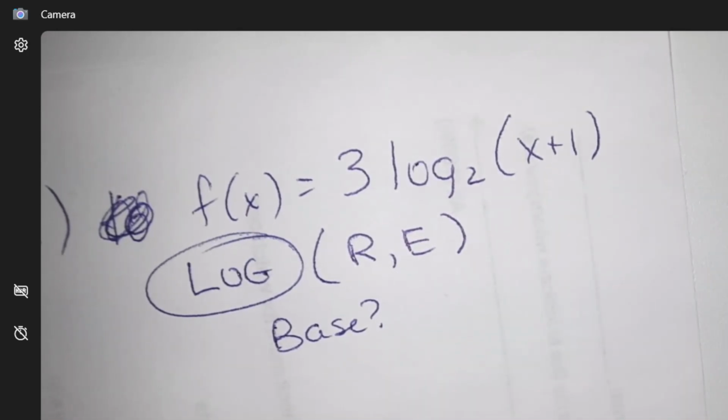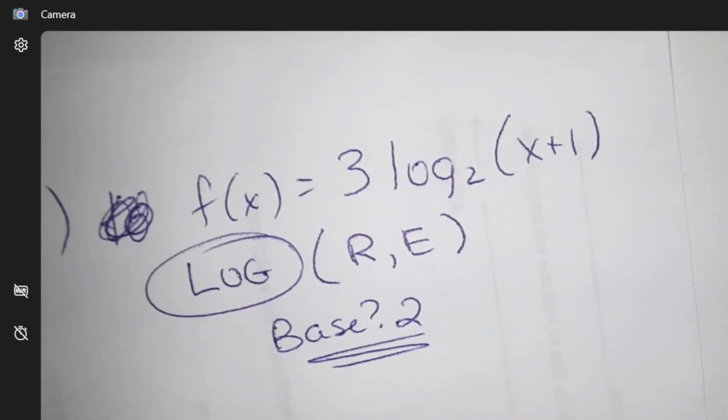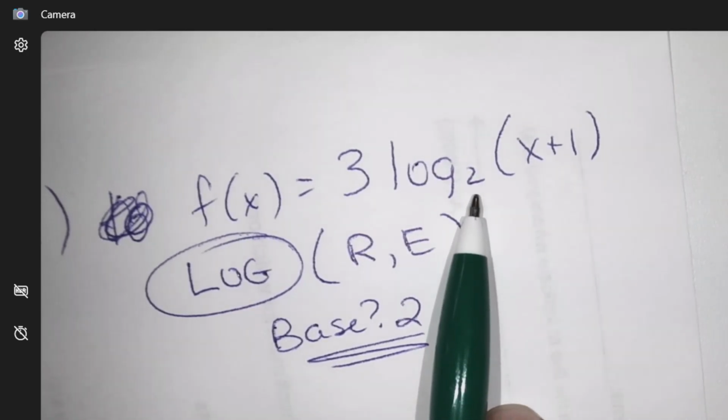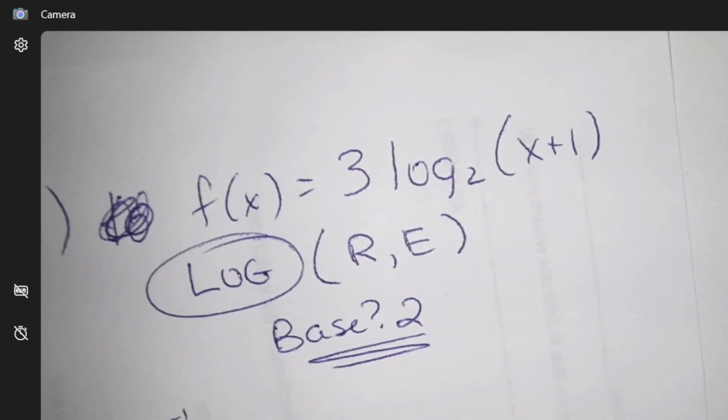What is the base of this thing? Did you pick? 2. That's in the base position. So 2 to the negative 1, 2 to the 0, 2 to the 1.